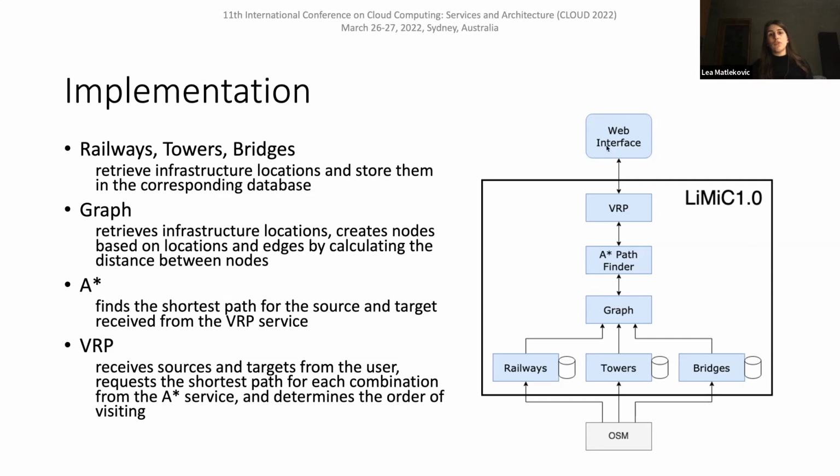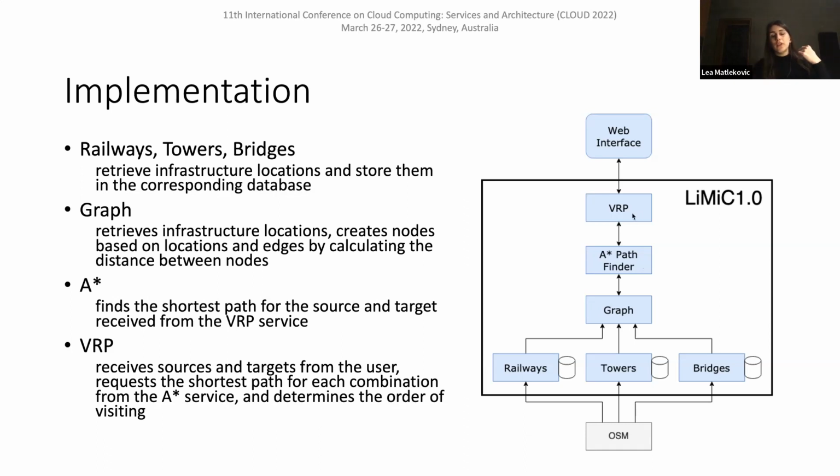Every time a user creates a request to the vehicle routing service, vehicle routing will take all the sources and all the targets and send requests for each combination of source and target to the A-star Pathfinder. The A-star Pathfinder will return the shortest path for each combination.